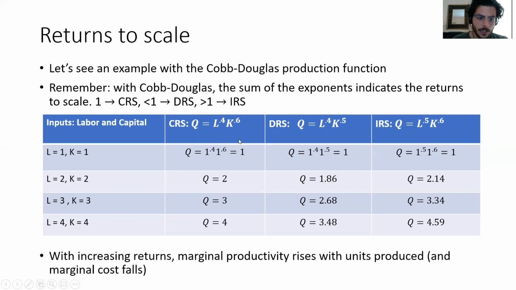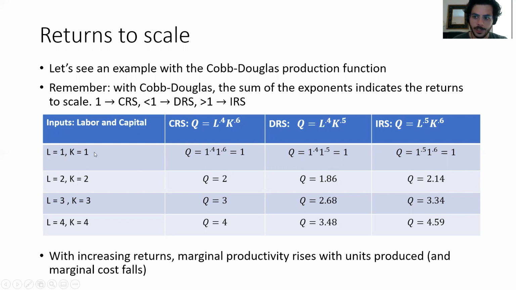So let's compare some different scenarios across these three different production functions with different returns to scale. If we're using exactly 1 unit of labor and 1 unit of capital, then for these three different production functions, we're going to have the exact same quantity. We'll get 1 output. So what happens when we double our inputs?